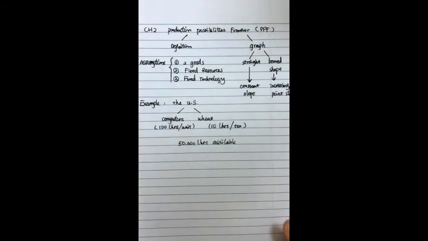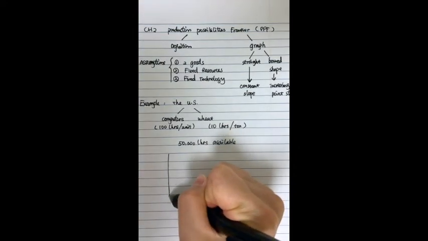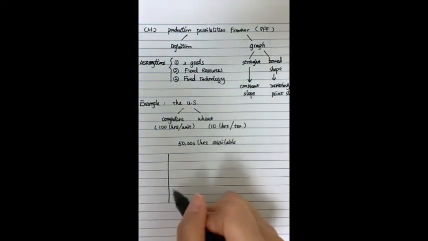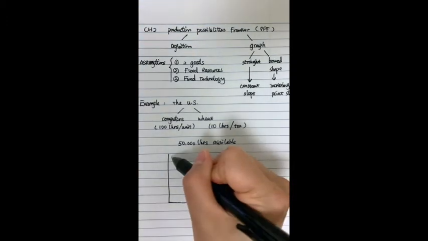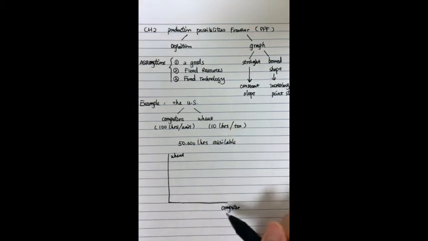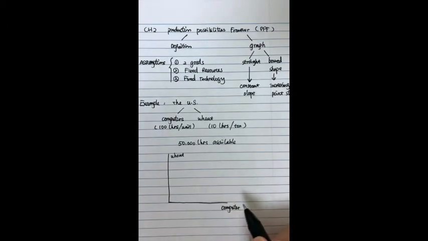So based on this information, we actually can draw the PPF, right? So for the PPF here, I can put computers on the horizontal axis. Actually, you can put weight on the horizontal axis, okay? It doesn't matter. And then if you put computers on the horizontal axis, then you need to put weight on the vertical axis, okay?